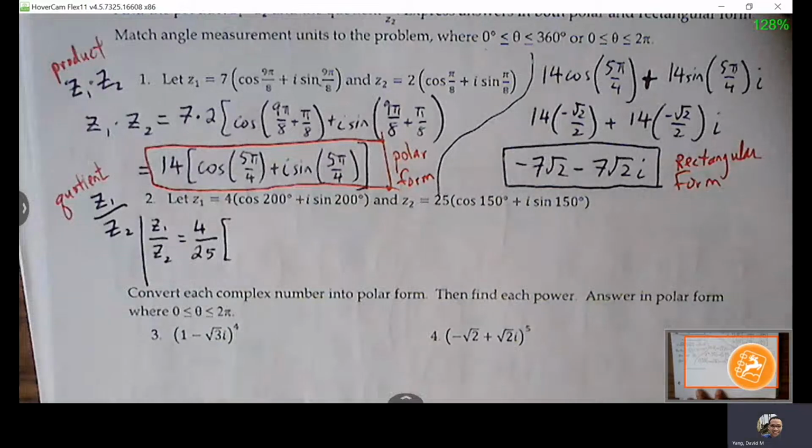So with quotient, you're dividing r, but then you're subtracting your theta, right?